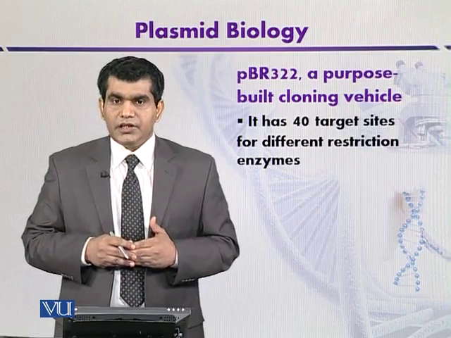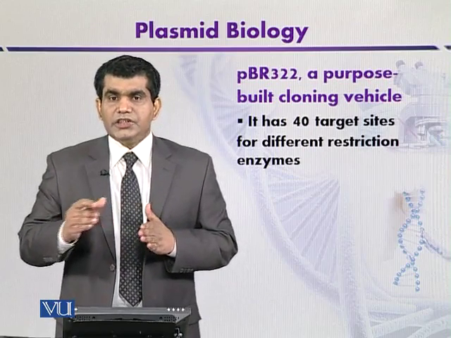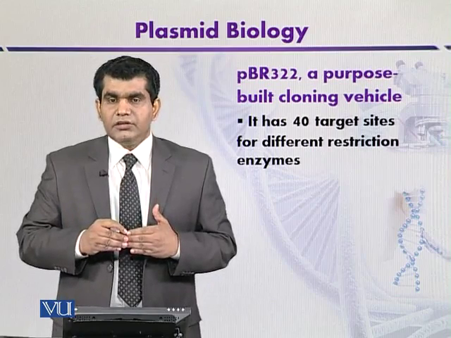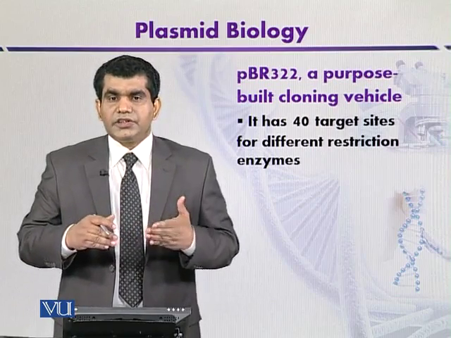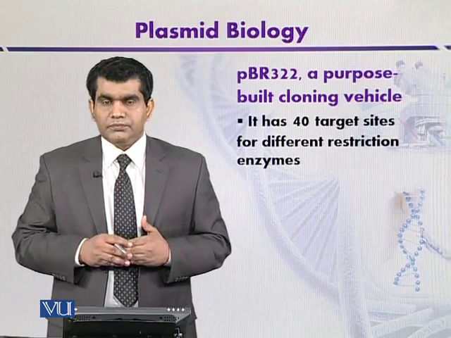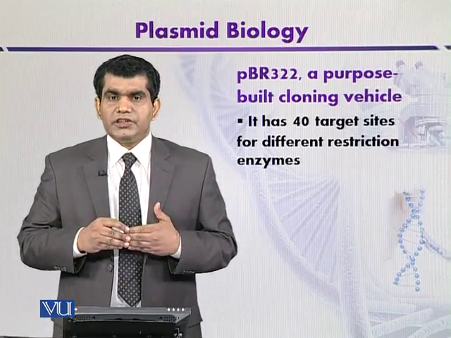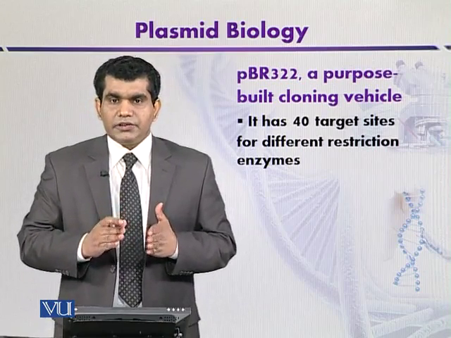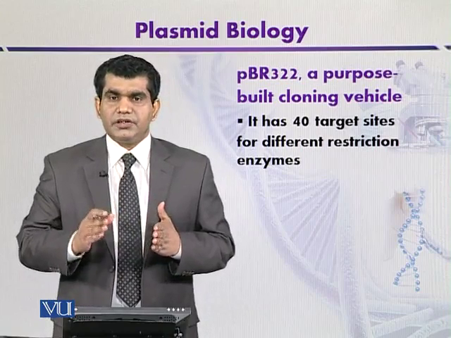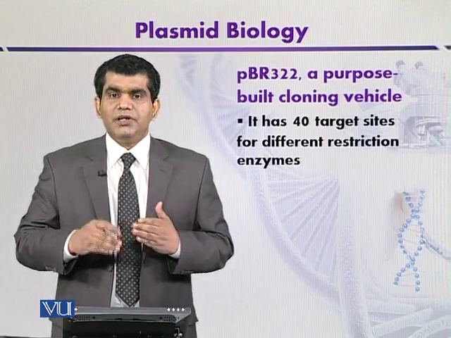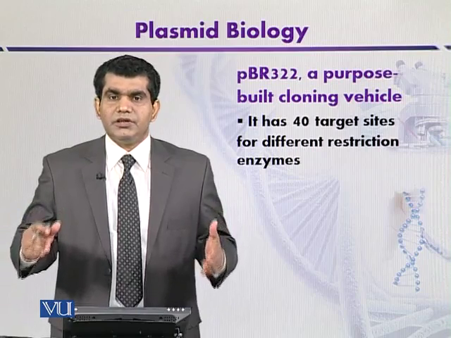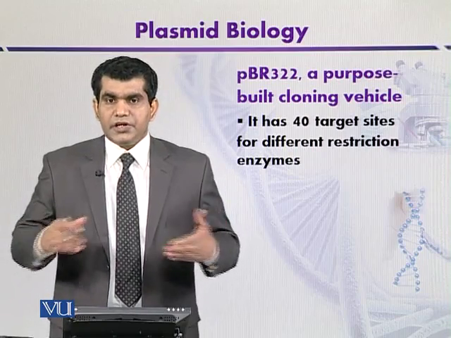The reason is that it has around 40 target sites for different restriction endonucleases, and mostly these enzymes can cut once at their specific target site. So multiple target sites are not there for a particular restriction enzyme.